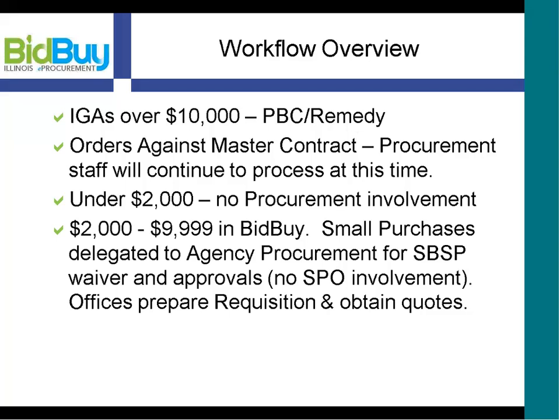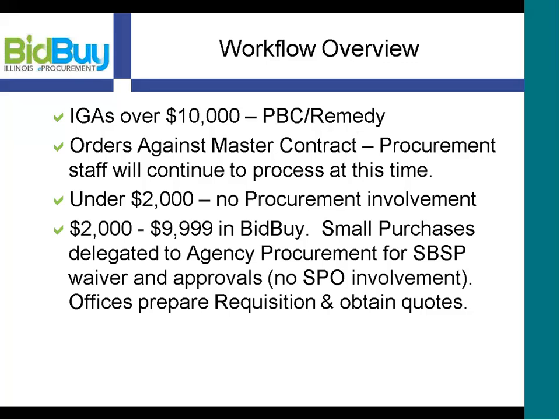To overview the workflows as they exist today, for IGAs over $10,000, we are still going to use the PVC remedy process. You'll still complete the PVC info form, which is located on our intranet. If you're familiar with processing procurements before, you would enter your IGA, which is an intergovernmental agreement, over $10,000 and continue to process that through the PVC process.